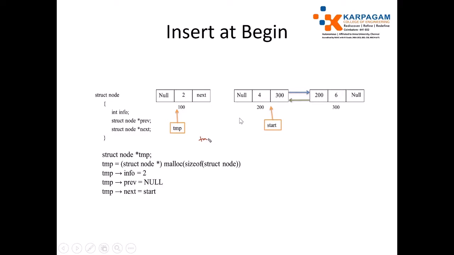Okay, here I am just inserting at the beginning position. The new node is the temp node here. The temp of info is 2 here, I set. Then temp of previous equal to null, I have set. Then temp of next equal to start, I have set.